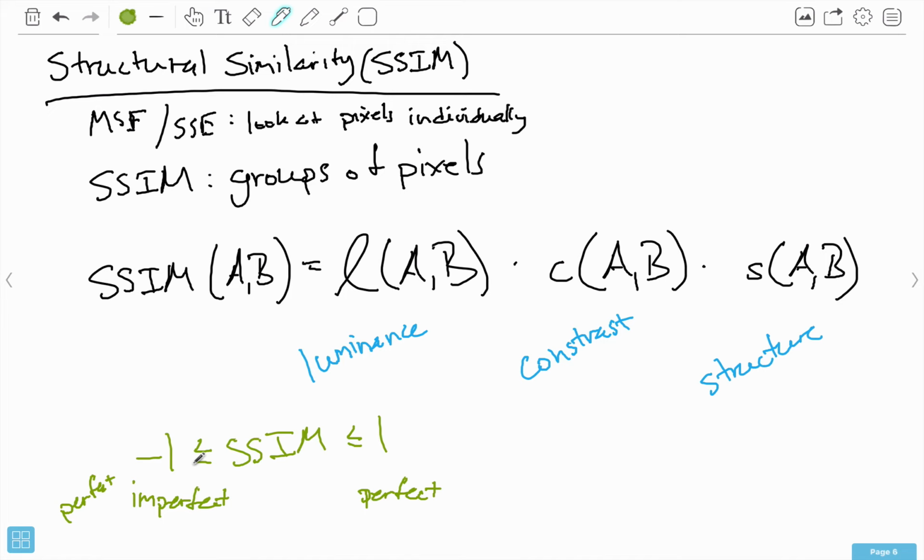But anyway, in the next video we're going to compare structural similarity and mean squared error, and look at how we can call structural similarity using the scikit-image library. So we'll get to all that good stuff in the next video.